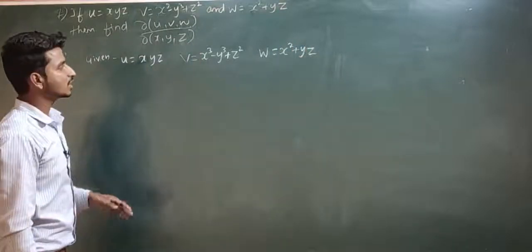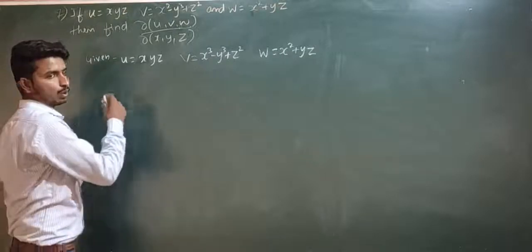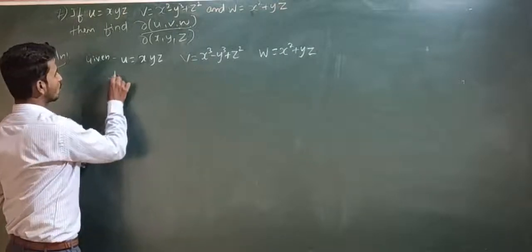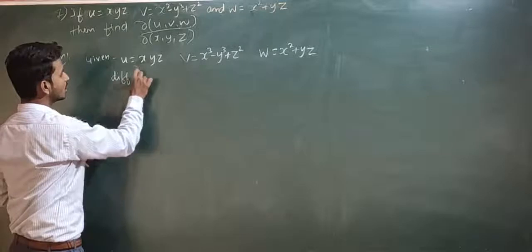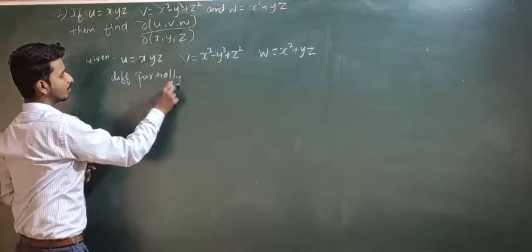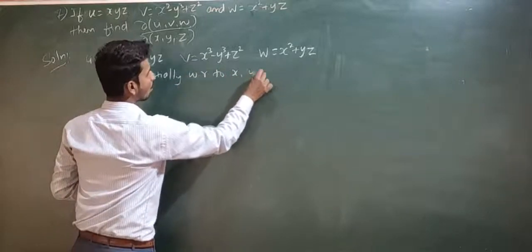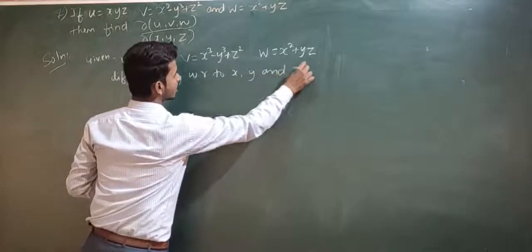These are the three functions with respect to the three independent variables. Now we have to differentiate partially with respect to x, y, and z.